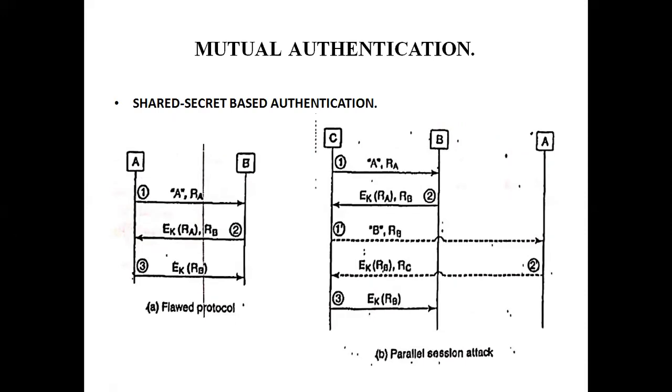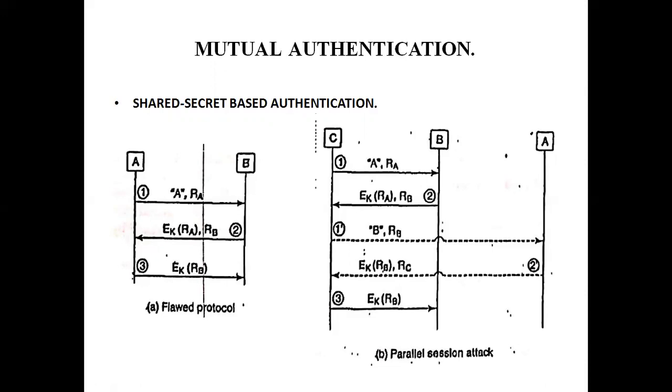B also sends its own challenge RB to A. A then responds to B's challenge in the third message. The third message appears to complete the protocol for mutual authentication, and the protocol may appear valid.